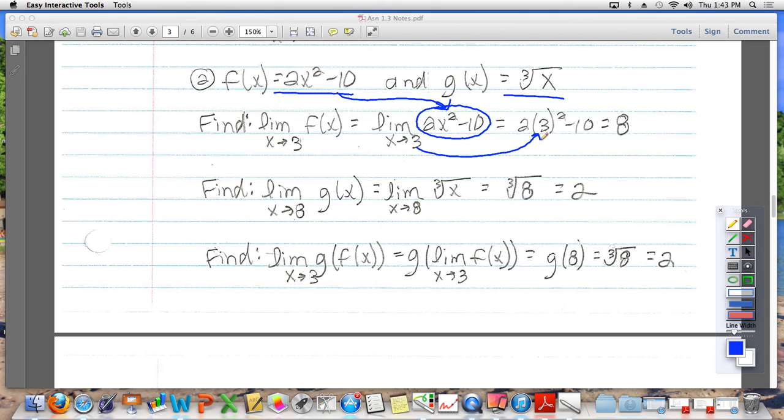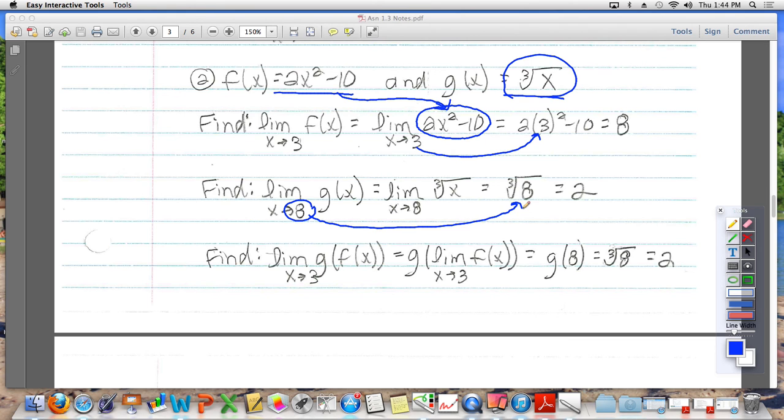Then the limit as x approaches 8 of g of x, well now we're using this cubed root of x, but this time we're approaching 8. So all you have to do is plug the 8 in for the cubed root of 8. The cubed root of 8 is 2. So we get an answer of 2.